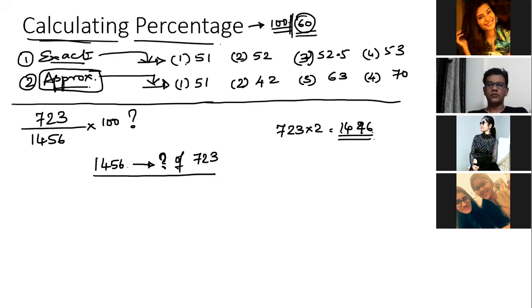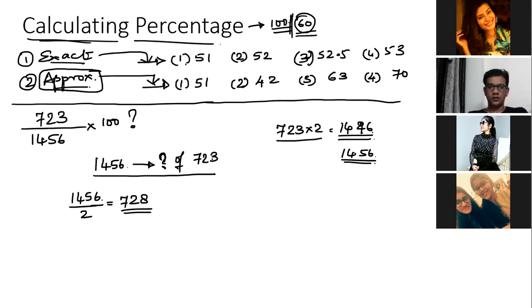Which is so very, very close to 1456. Doubling 723 is equivalent to, or I can say, dividing 1456 by 2. What do I get when I divide 1456 by 2? I get 728.